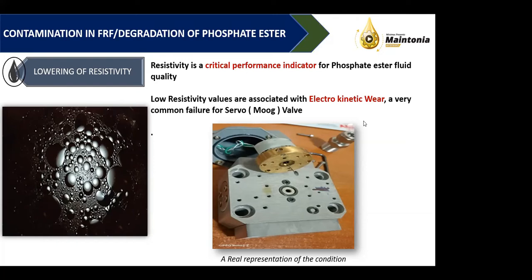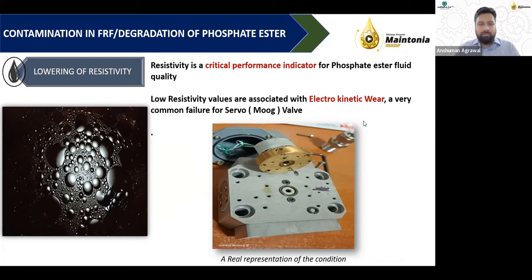But we can think about this. Maybe we can have a survey on it, because we have never found any user doing a BDV test on a fire resistant fluid. We can certainly do some empirical studies and then give the audience some opinion on that.